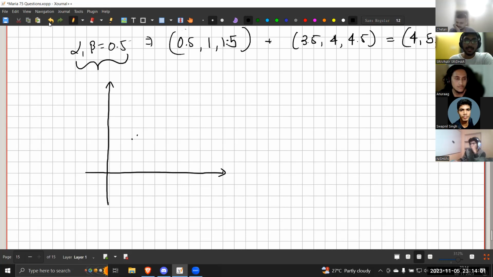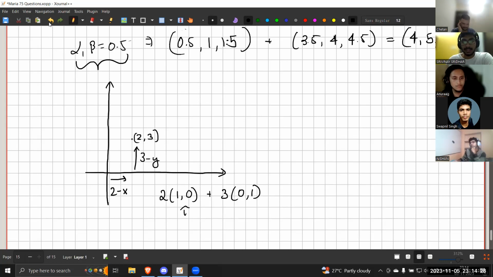If I want to reach the point 2, 3, I have to move 2 units in the direction of x, and then I have to move 3 units in the direction of y, which is nothing but saying 2 times in the direction of 1, 0 plus 3 times in the direction of 0, 1. This is nothing but i cap and j cap. So maybe this is what we study. This is another way of writing the vector 2, 3.